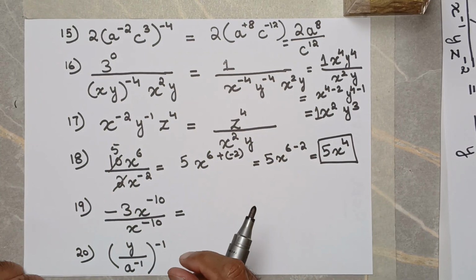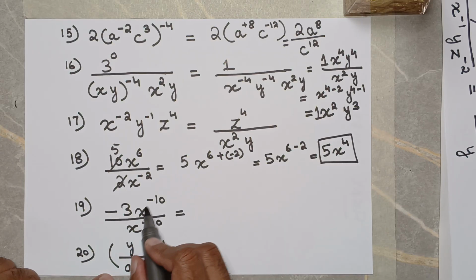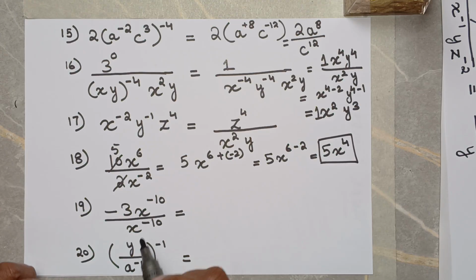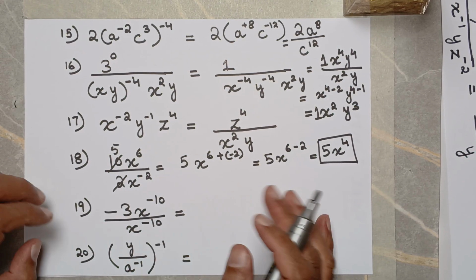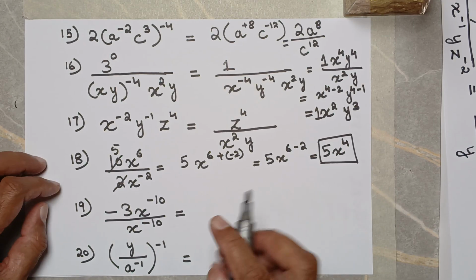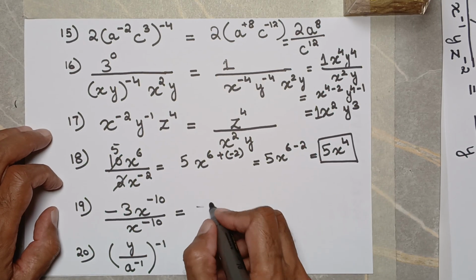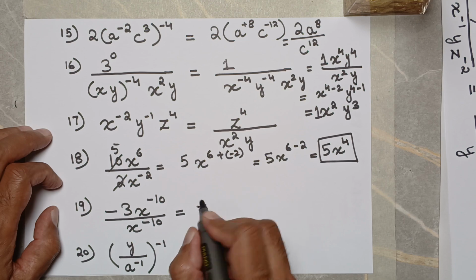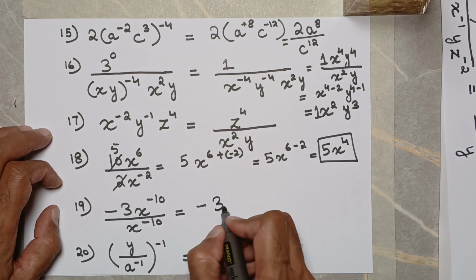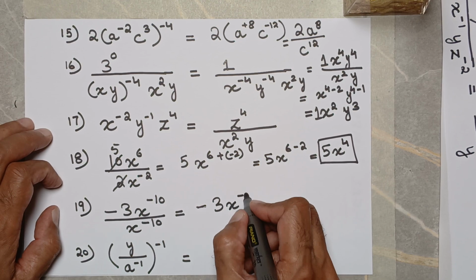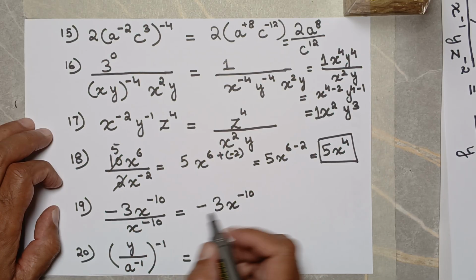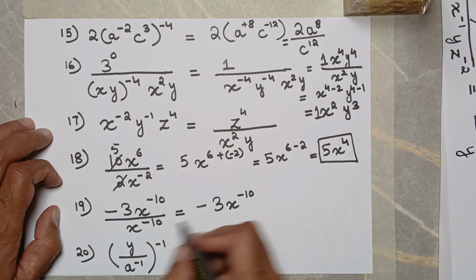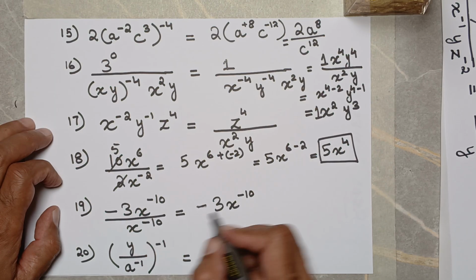Now in question number 19, here we have minus 3x raised to the power minus 10, and in the denominator we also have x raised to the power minus 10. It looks a little bit trickier, but this one is also quite simple. No need to worry about it. Simply minus 3x raised to the power minus 10. What we will do, we will move this denominator x raised to the power minus 10 towards the numerator side, and here it is minus 10.